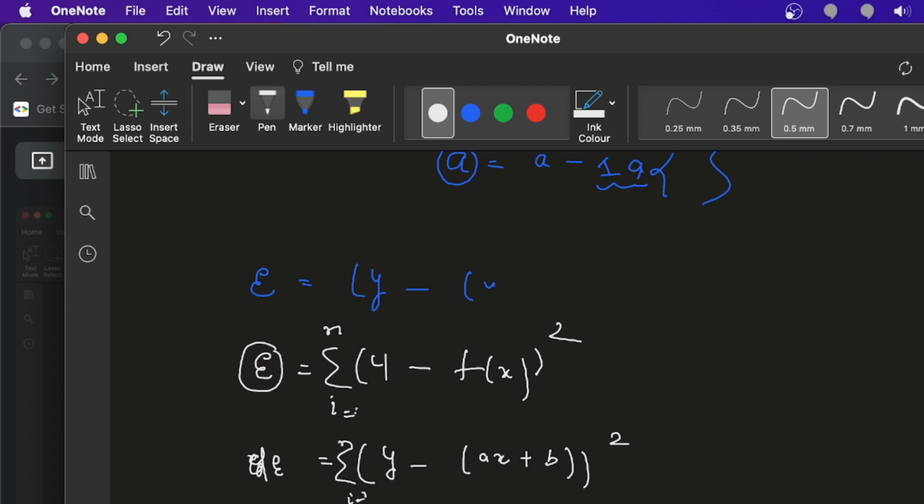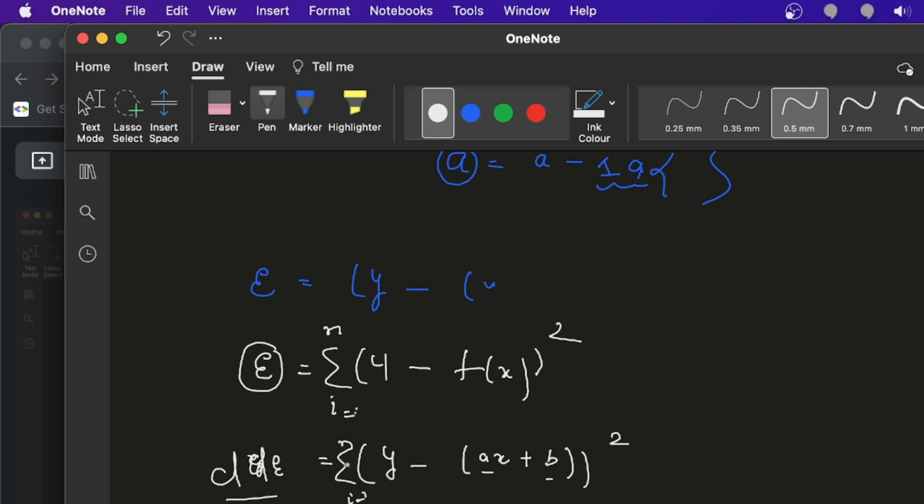You are going to differentiate, because A and B are parameters here. So you take the partial derivative, first with respect to dA.